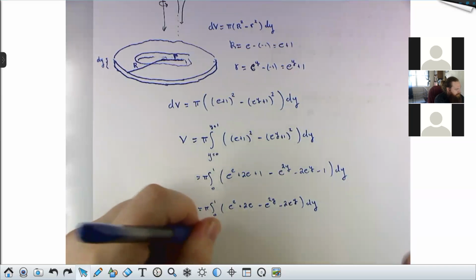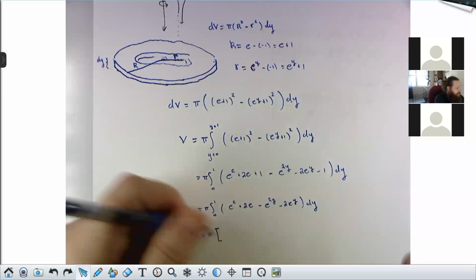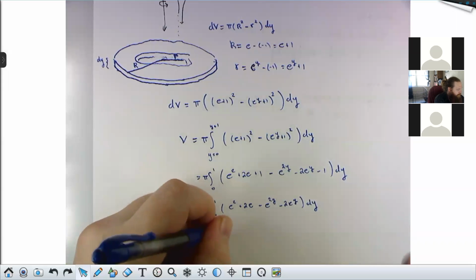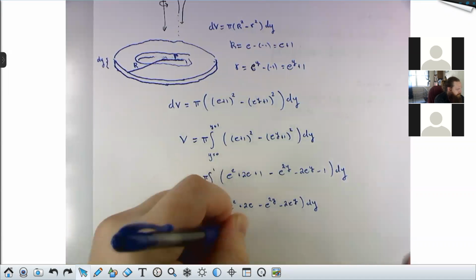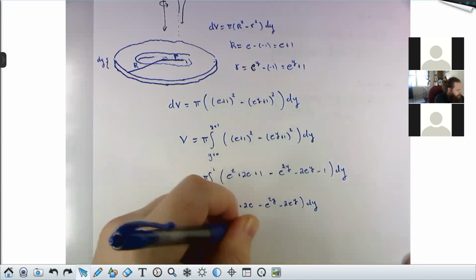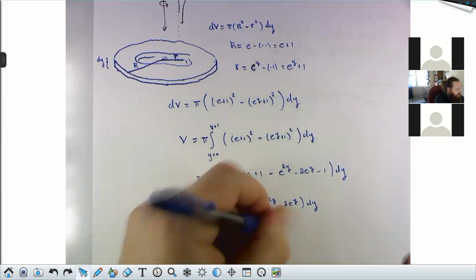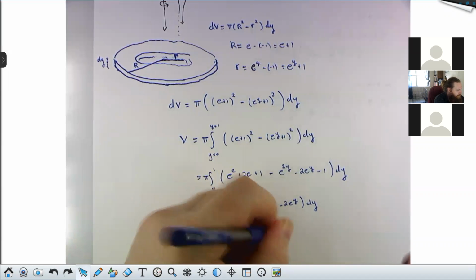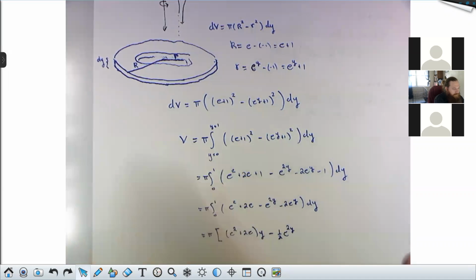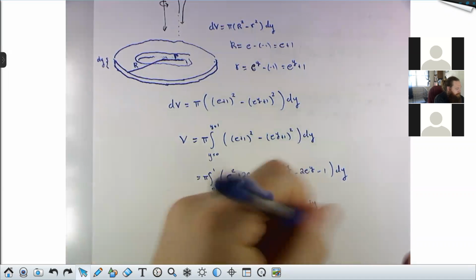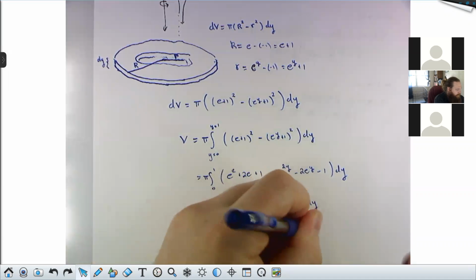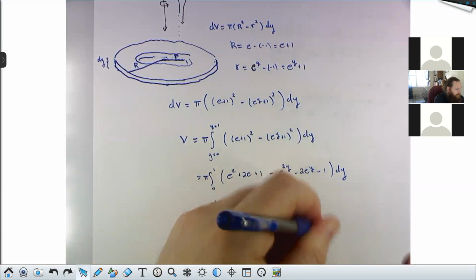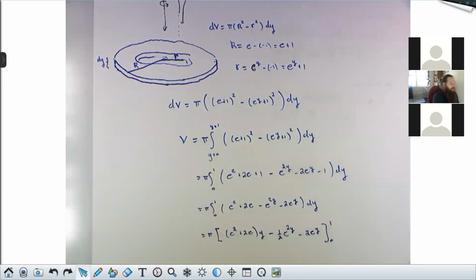And then the constant terms, this is just going to be (e squared plus 2e) times y, minus antiderivative of e^2y is 1/2 e^2y, that's a little micro u-sub, minus antiderivative of 2e^y is just 2e^y, and you would evaluate that from 0 to 1.